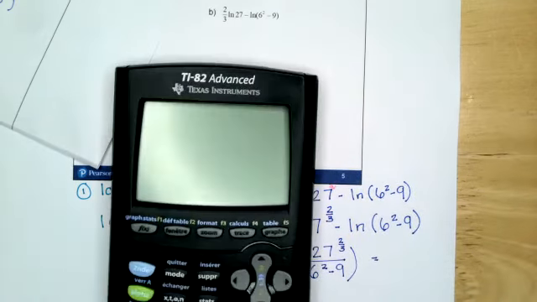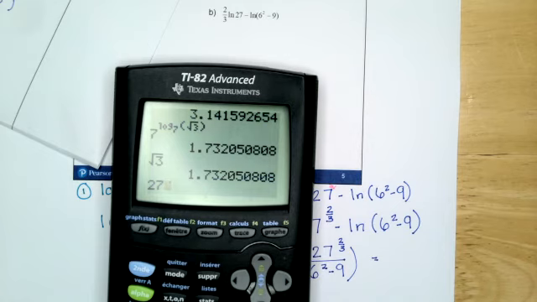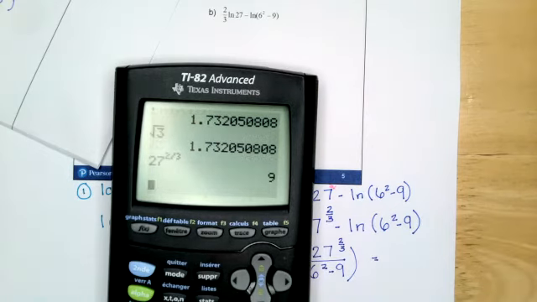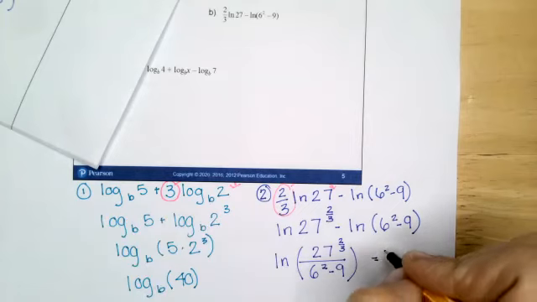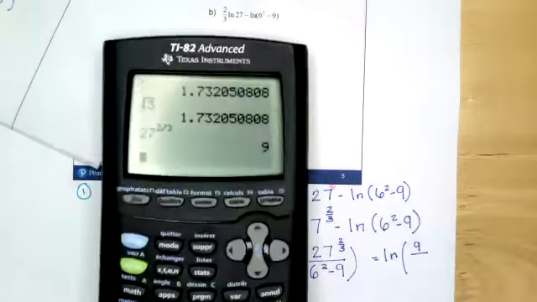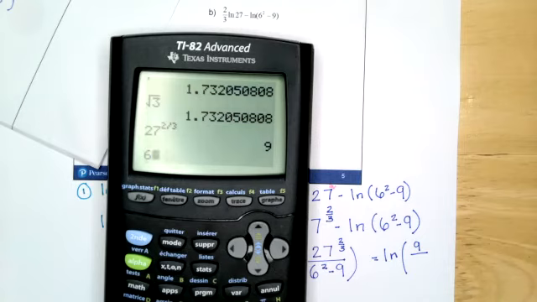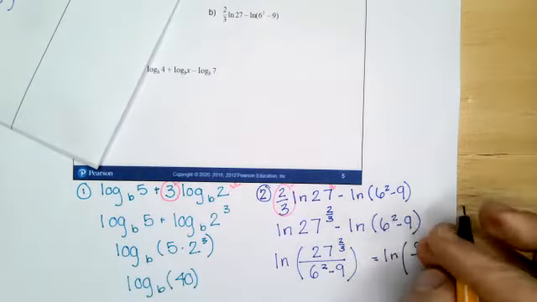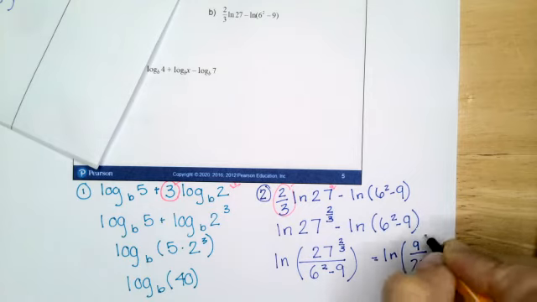27 to the power of 2/3 is 9. Six squared minus 9 is 27.